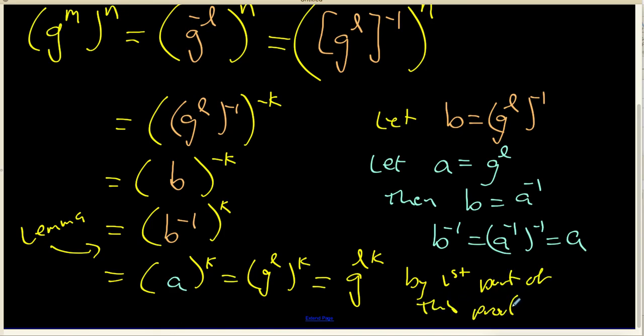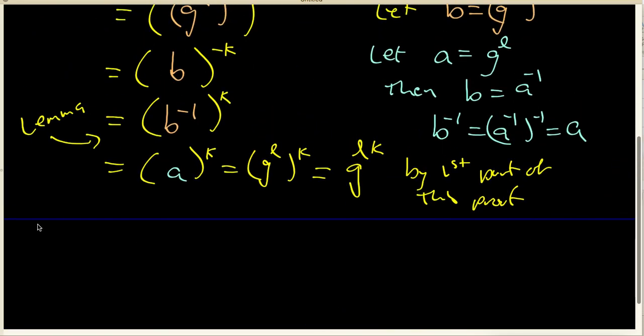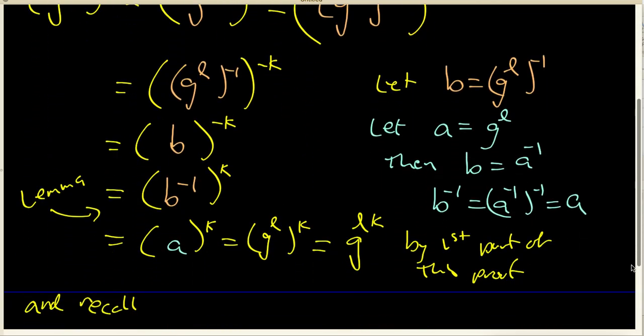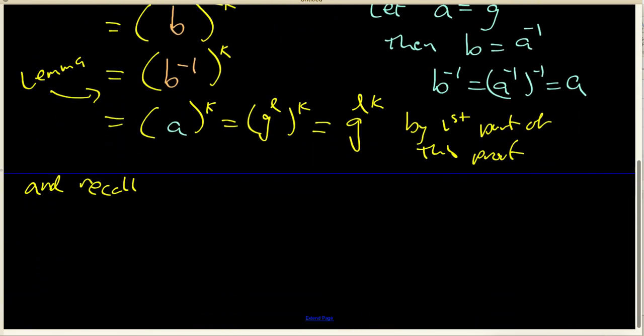But now what I want to remember is the final little piece of the puzzle. So I want to recall that if we go all the way back to the top, we know that m is equal to -L and n is equal to -k.